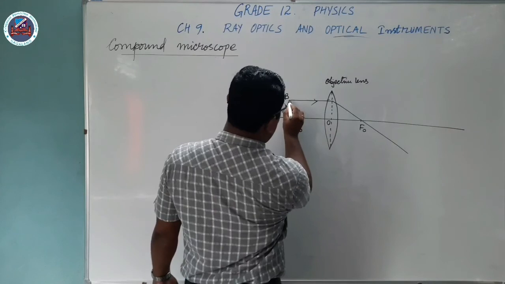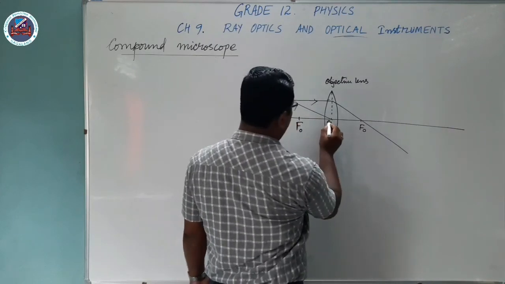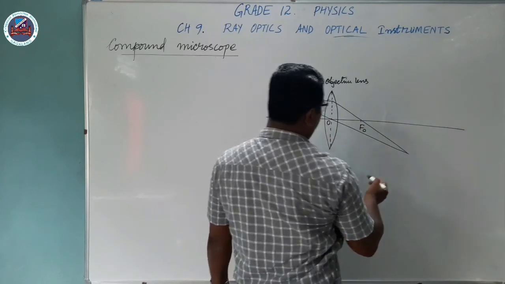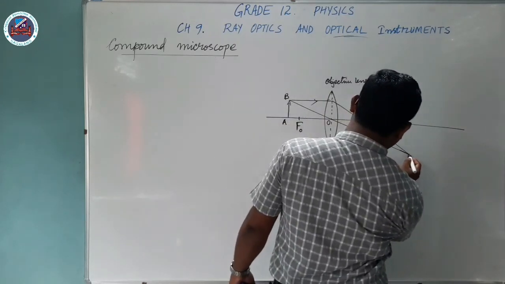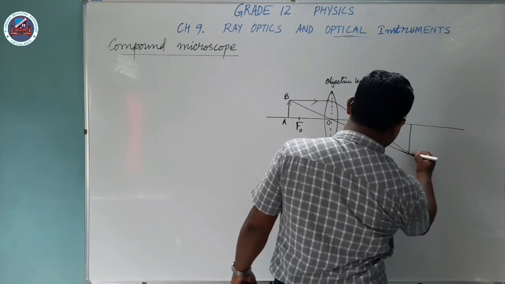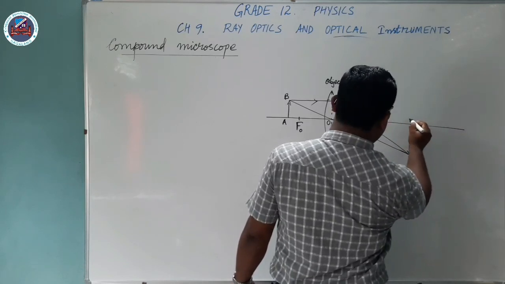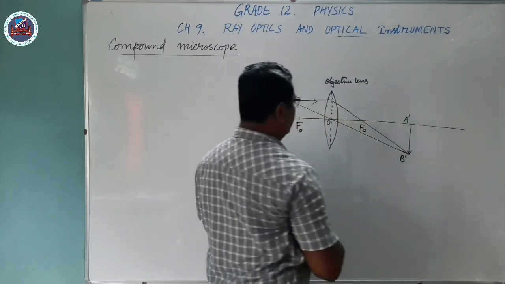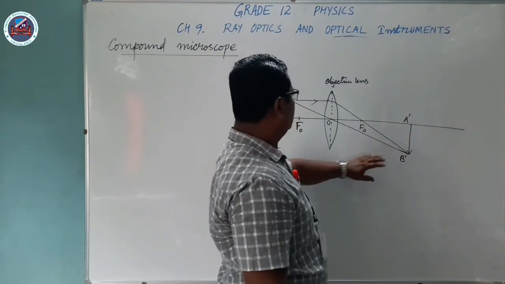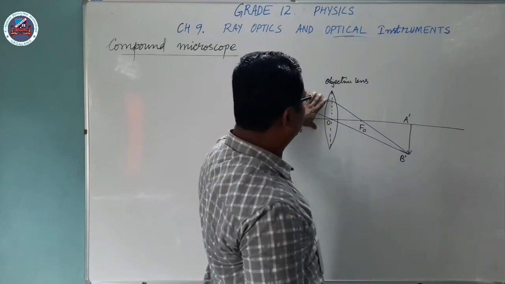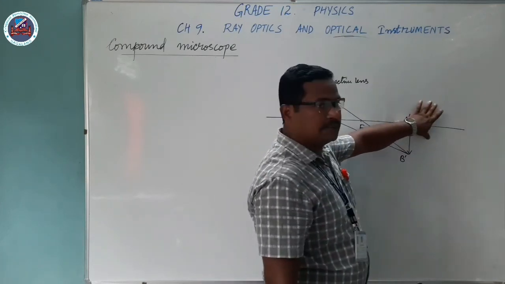The second ray, if I allow it to pass through the optical center, then it will just pass straight. The moment they come and meet each other, one real inverted image will be formed. This one I am marking it as A dash B dash.